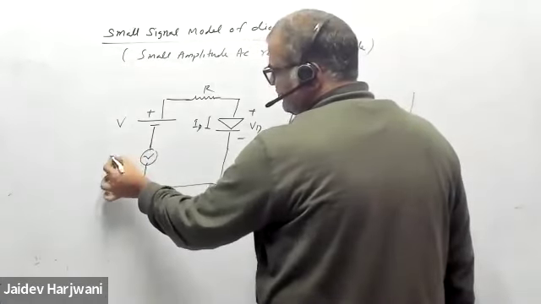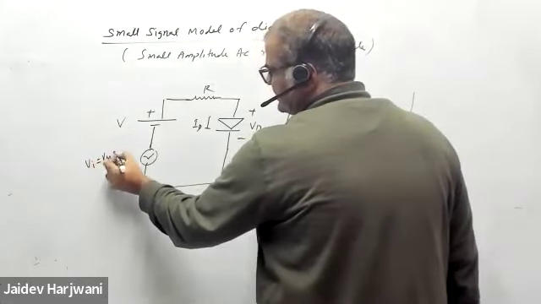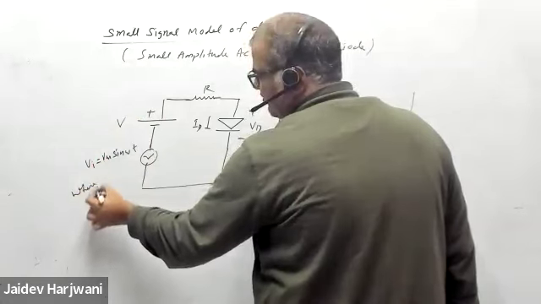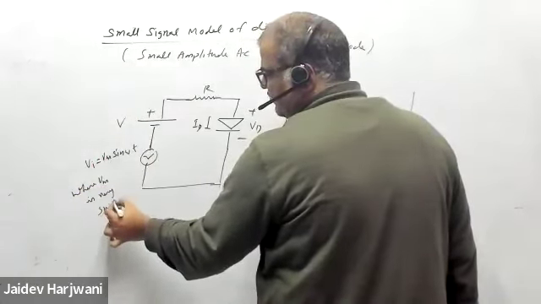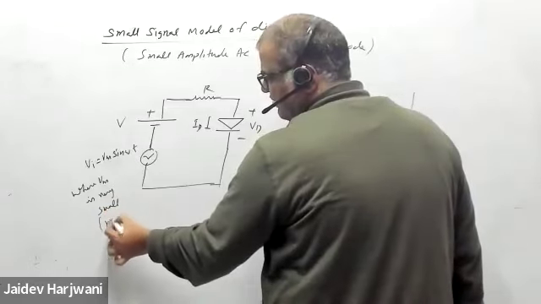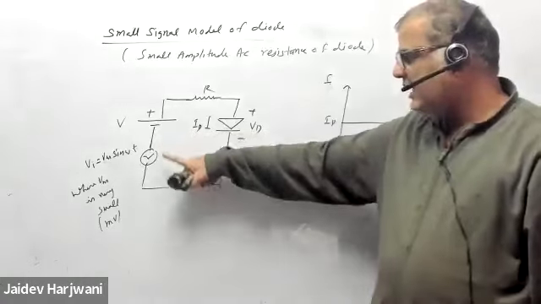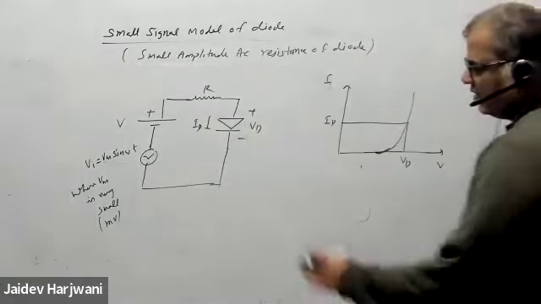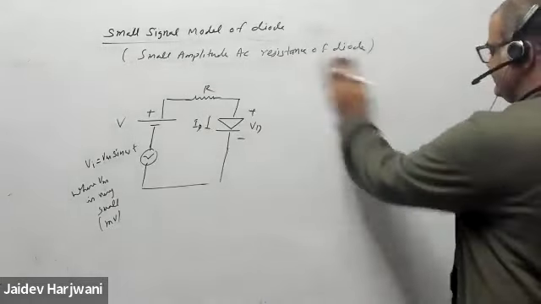This is VAC, Vi equals Vm sine omega t, where Vm is very small, in millivolts. So along with this DC, I'm applying some AC source also here. Now what will happen? Let us understand it this way.